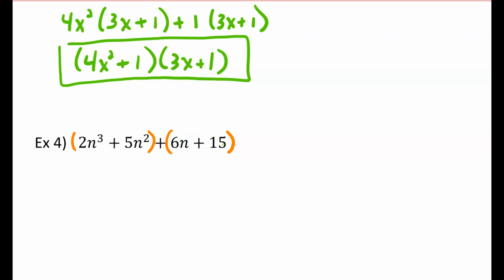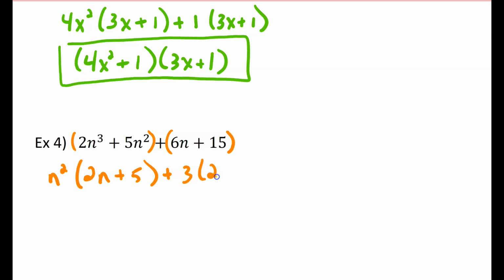All right. Then looking at our first group, what can we factor out of that one? 2n squared. Can we get a 2 out also? No, just n squared. And that'll leave me with 2n plus 5. And what can be factored out of the second group? A 3.